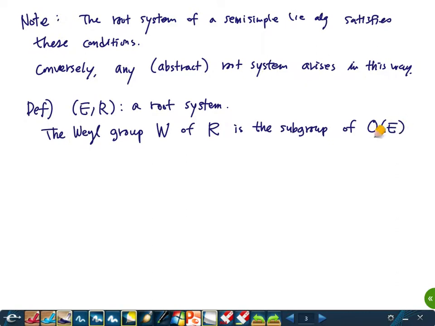The group of all orthogonal transformations generated by these reflections S alpha in the root system. Okay? So it's the same as before. Like when we had this semi-simple Lie algebra, we had a root system, and the Weyl group can be defined this way. So it's the same thing.